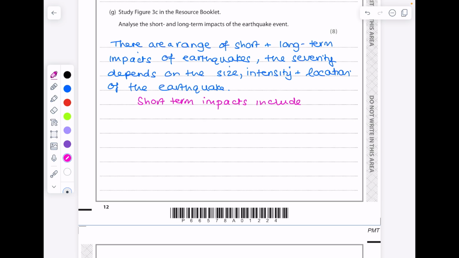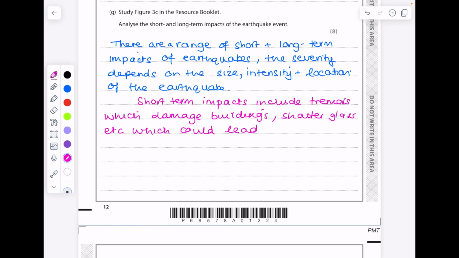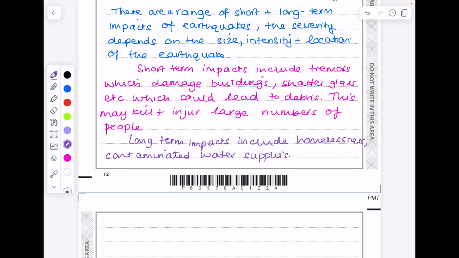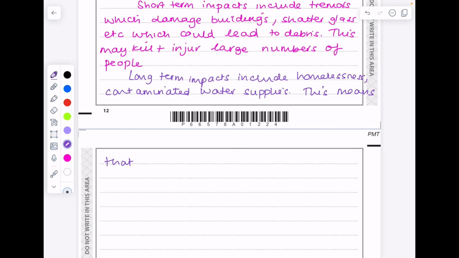Include tremors, which damage buildings, shatter glass, etc., which could lead to debris. This may kill and injure large numbers of people. Long-term impacts now include homelessness, contaminated water supplies. This means that a government will need to spend lots of money fixing these issues.